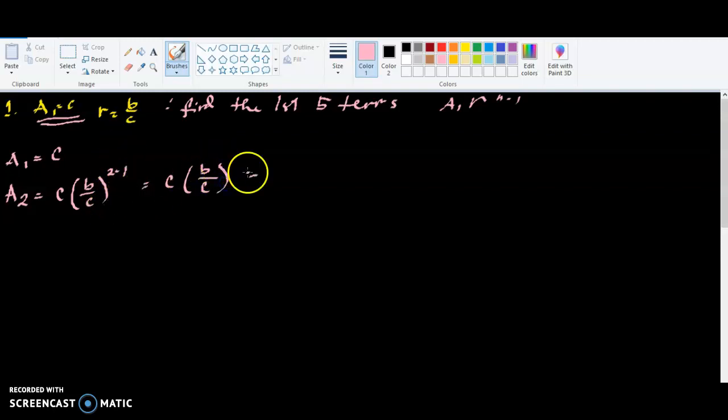So we're done with that one. Again, sa number, minumultiply natin. Ganon din naman dito. Kapag ang C dito, it functions as a whole. So therefore, meron tayong imaginary 1 dito. C times B, we have CB. And 1 times C, we have C.